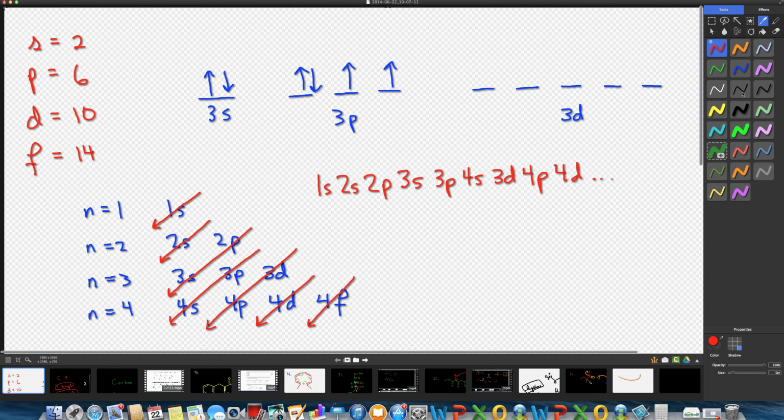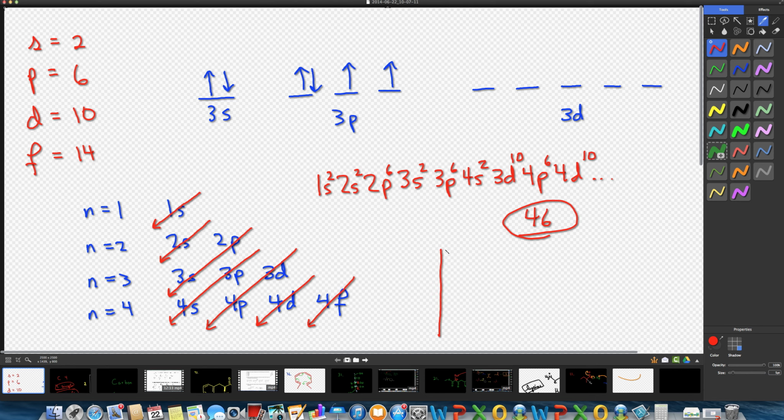So to take this even further, 1s2, 2s2, 2p6, 3s2, 3p6, 4s2, 3d10, 4p6, 4d10. That will take us up to atomic number 46, which is more than enough in organic chemistry.